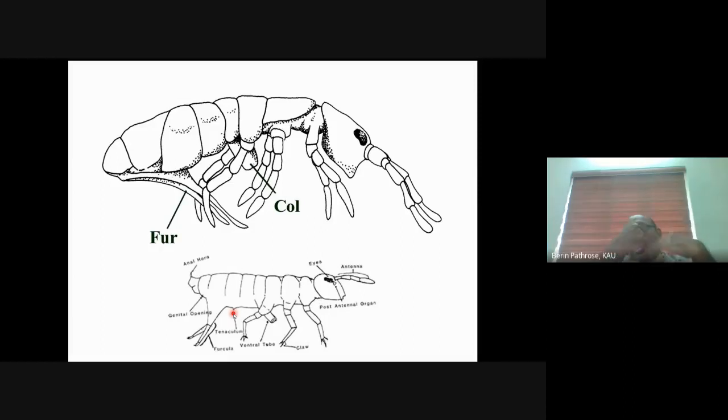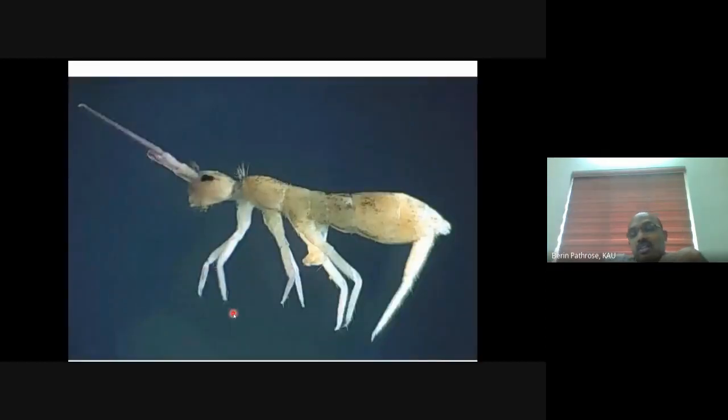You can imagine it like this: consider the furca as a spring and the retinaculum as a hook which holds the spring together. Once the hook is released, the spring will strike hard onto the surface, and because of the striking force of this furca, the insect will jump. That is why the furca is called a springing organ.